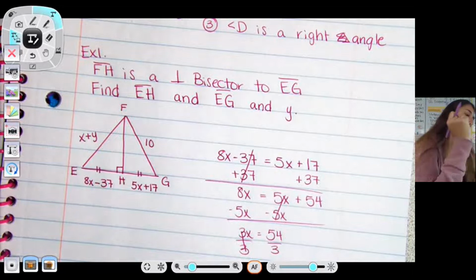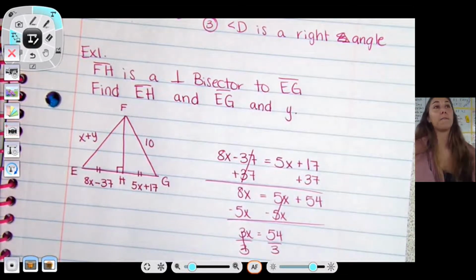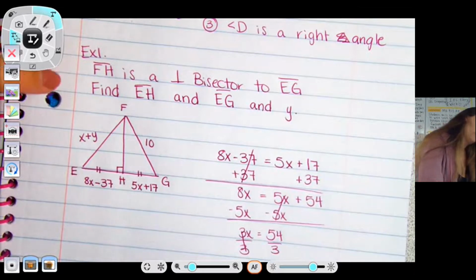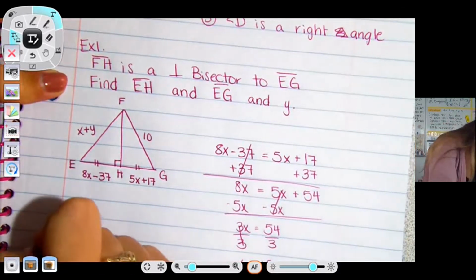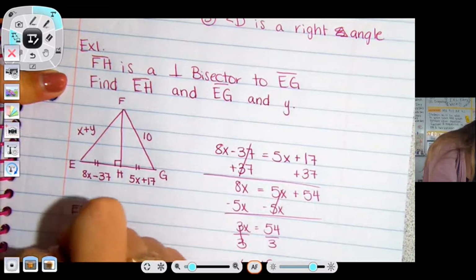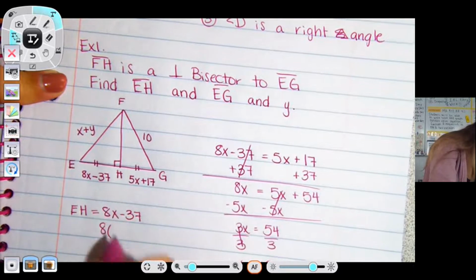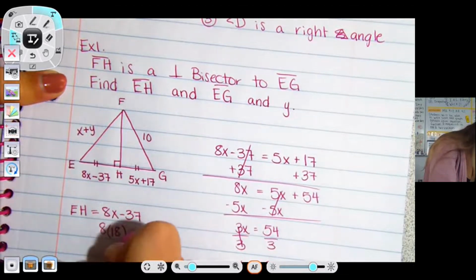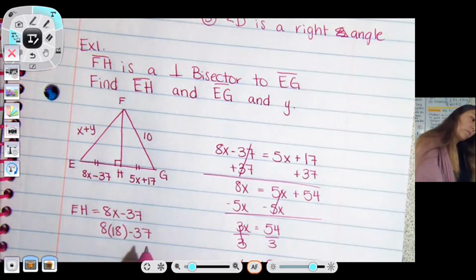Oh, yeah. This is x. I don't even really need that, but I need that to find the other things. They equal 107.